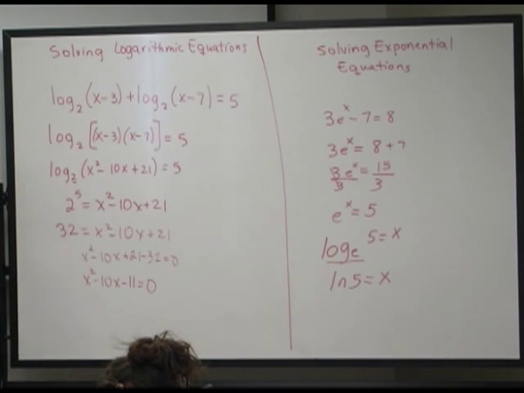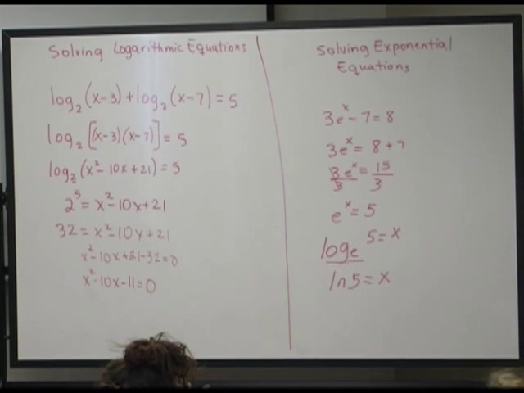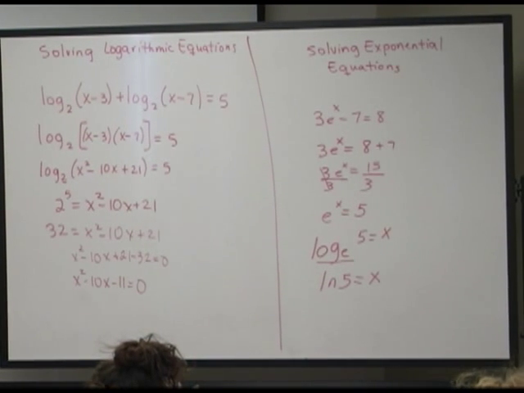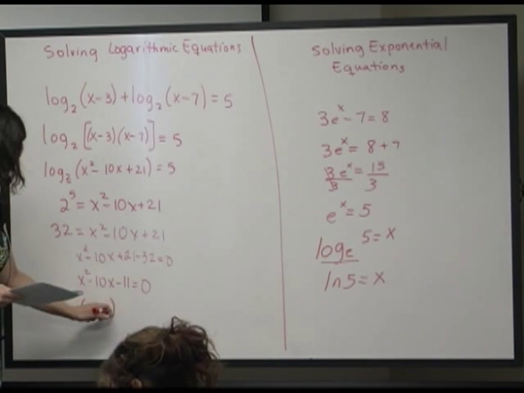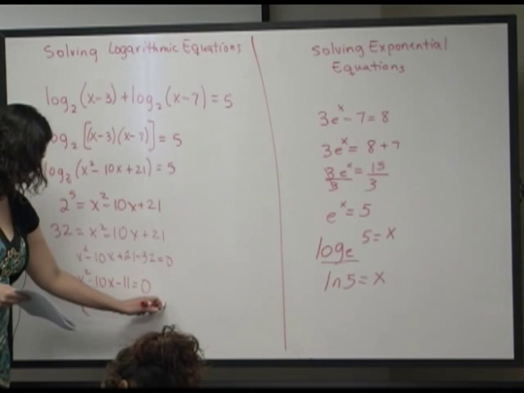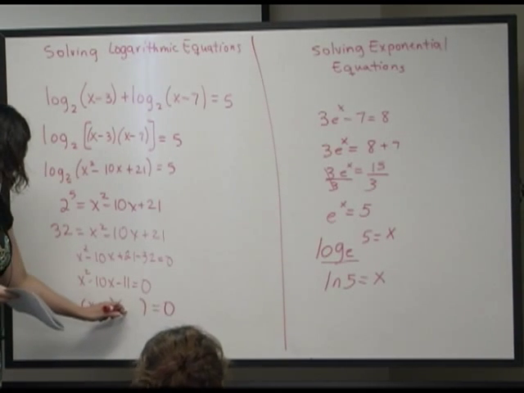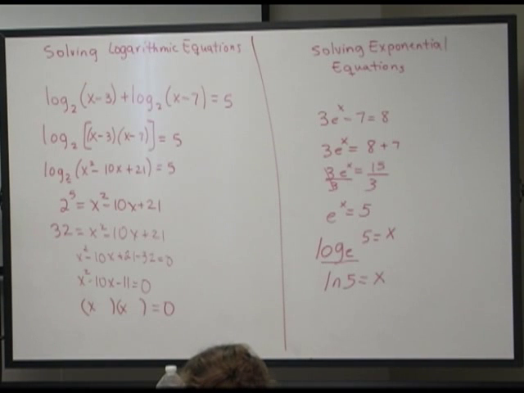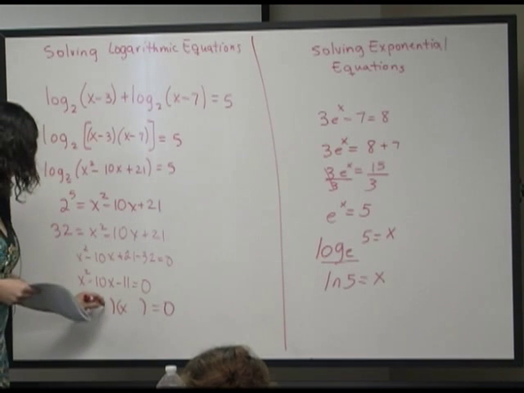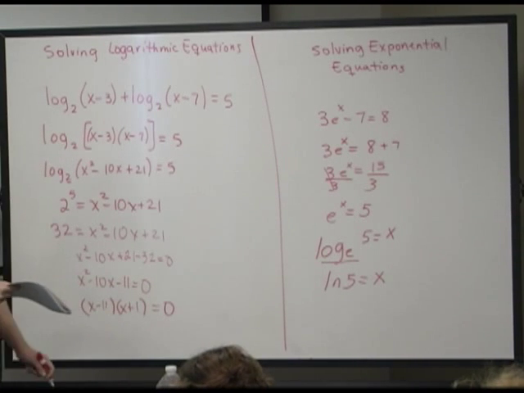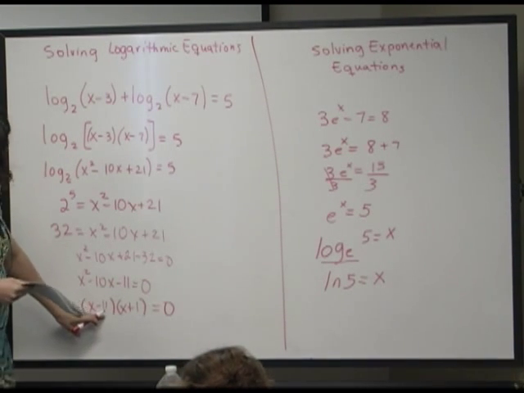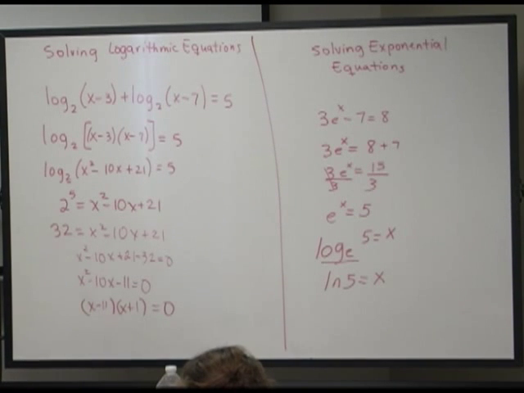And what do you have? You have a quadratic. Can you solve that? This one is easy. This one you can factor. It's x, 11 and 1, minus and plus. 11 times 1, and then minus 11 plus 1 is negative 10.